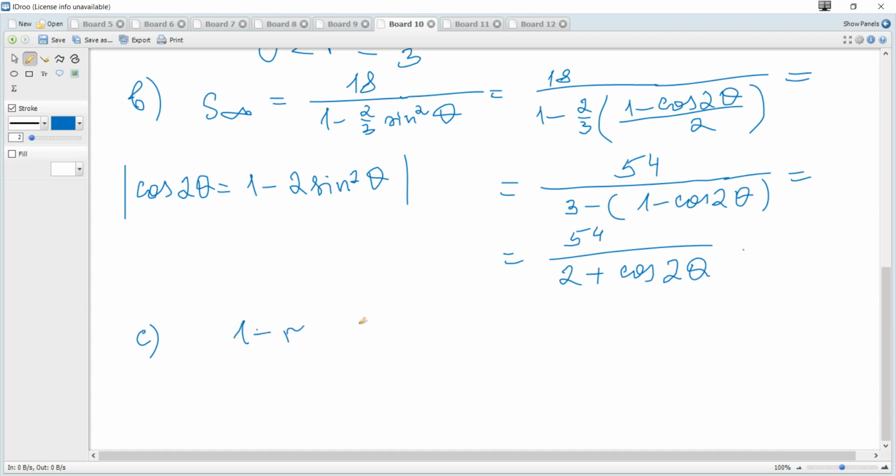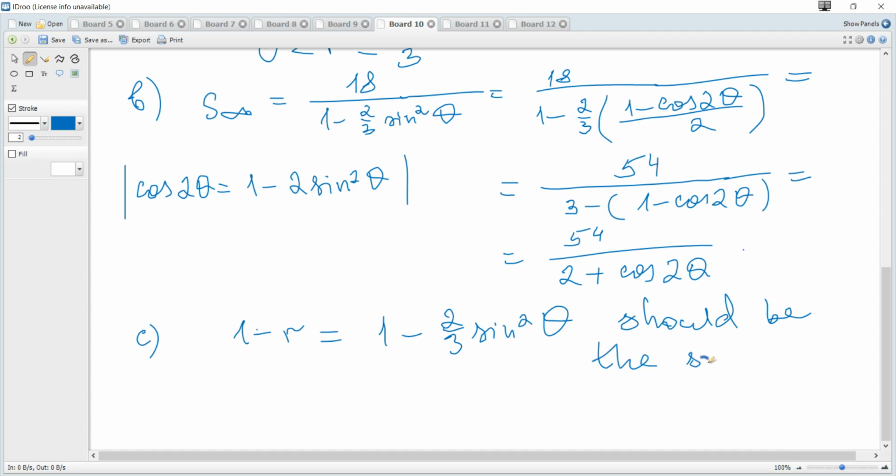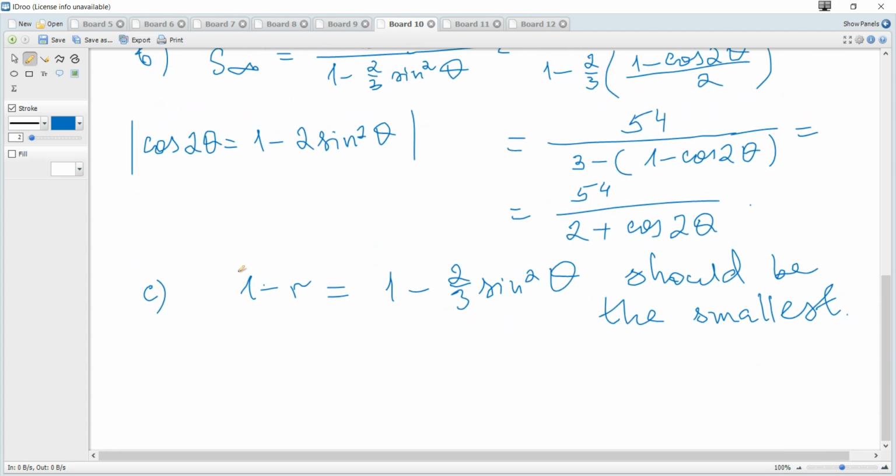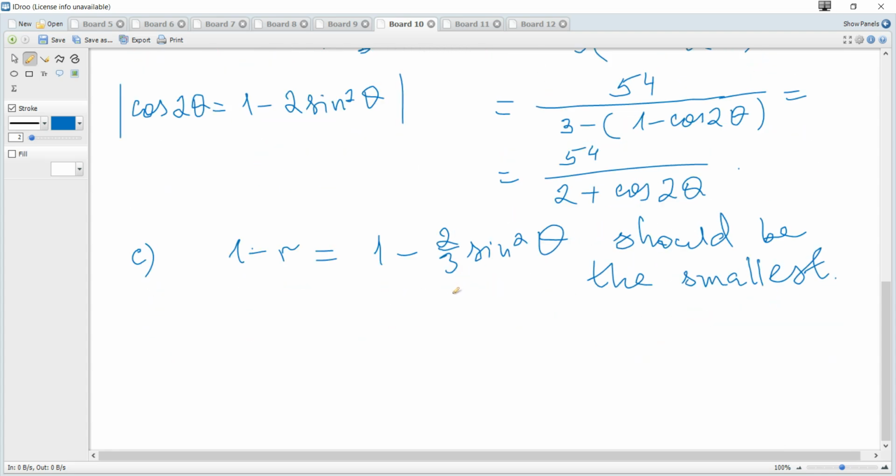So 1 minus r, which is 1 minus 2/3 sine squared of theta, should be as small as possible, the minimum, to get the maximum value of the sum to infinity. And since it's 1 minus something, to get the overall to be the smallest, it means that this must be the largest possible.